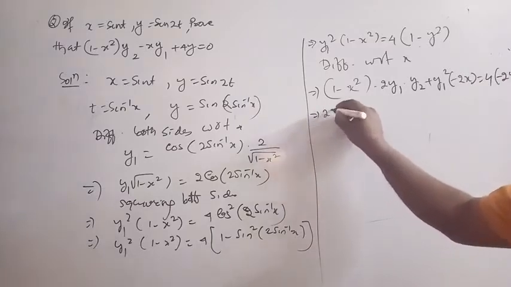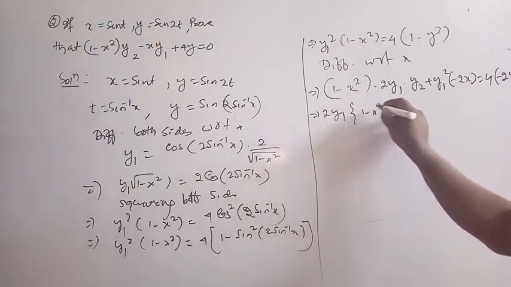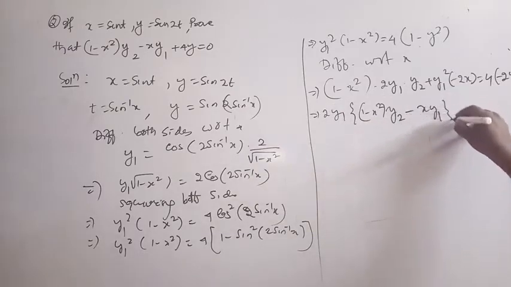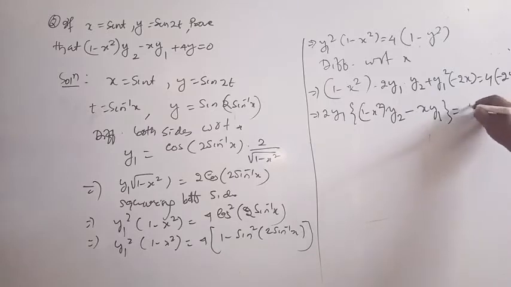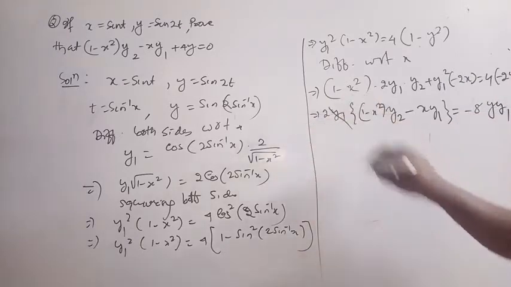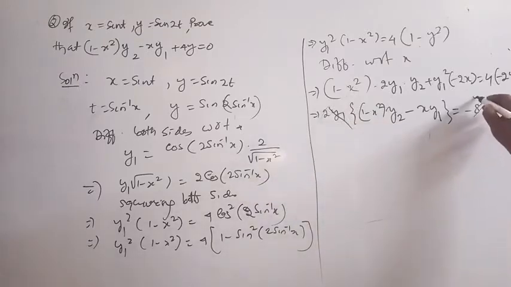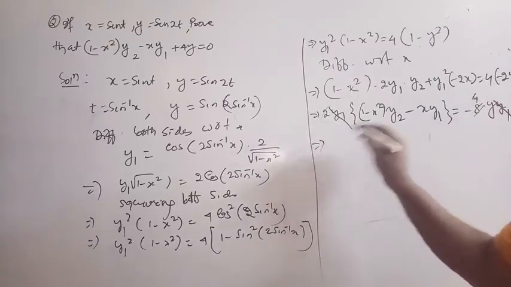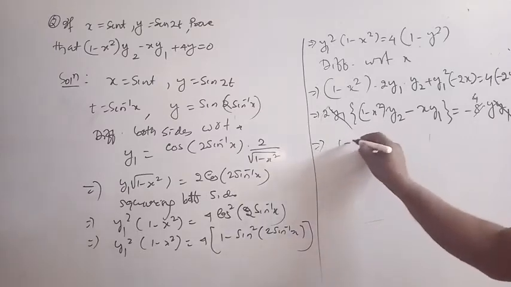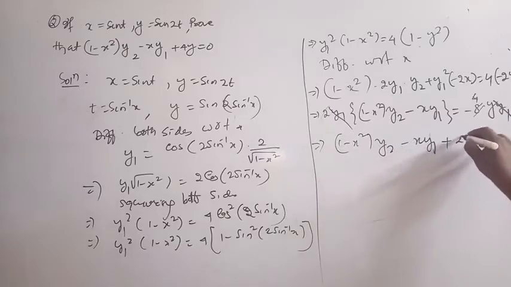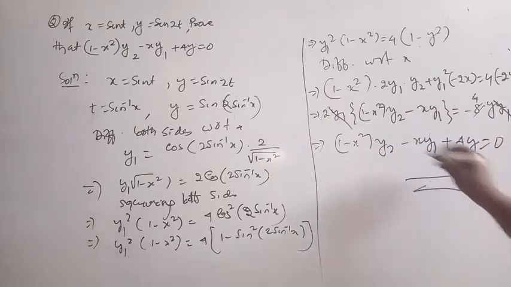Take 2y1 common: 1 minus x square into y2 minus x into y1 is equal to minus 8 y y1 over 2y1. So y1 cancels, and 8 over 2 is 4, giving minus 4y. Taking it to the left side, 1 minus x square into y2 minus x y1 plus 4y is equal to 0. This is the required proof.